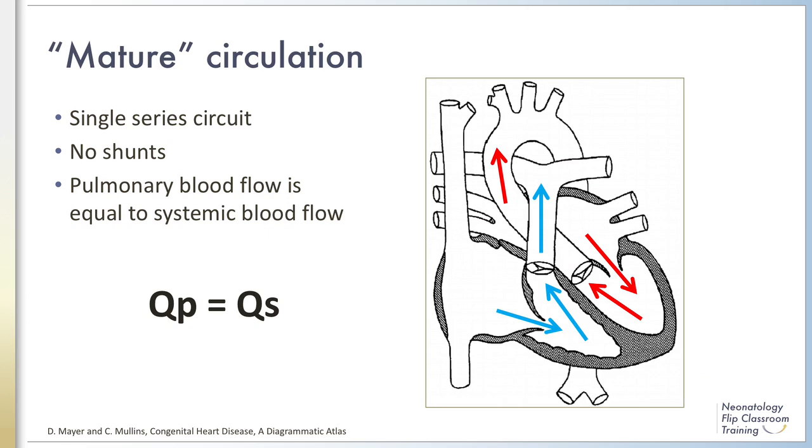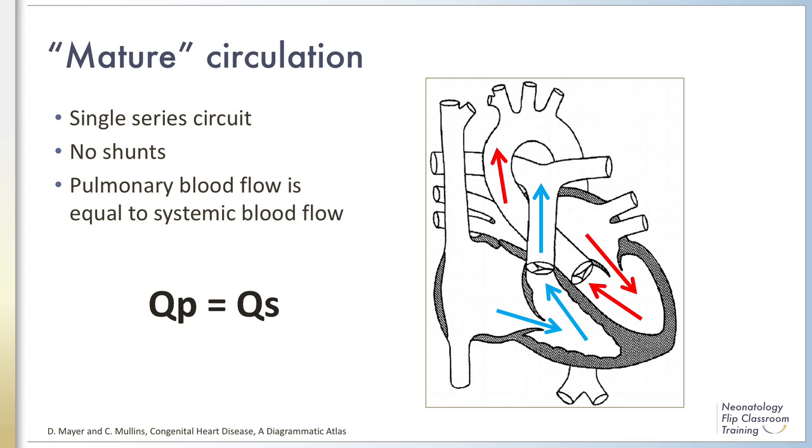To understand the fetal circulation, it's best to review the normal adult cardiopulmonary circulation. In the adult, blood flows through a single circuit in series. The blood flow returns from the body to the right heart, passes to the lungs to be oxygenated, and returns to the left heart before leaving to the body.